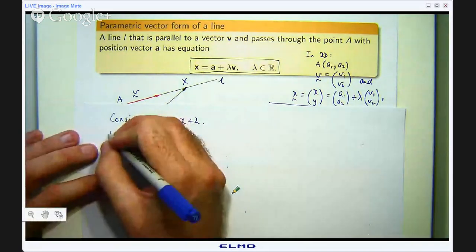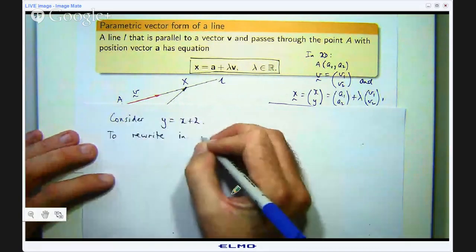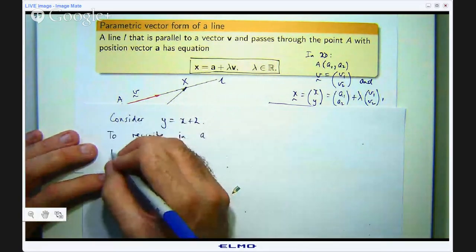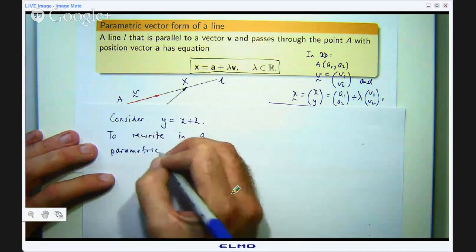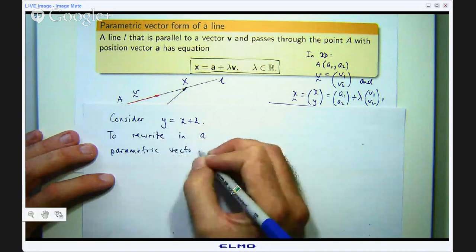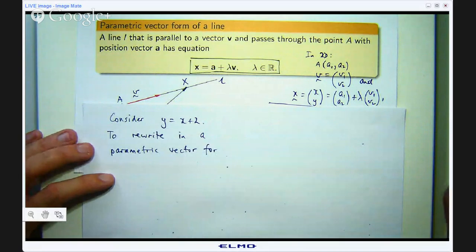To rewrite in a parametric vector form. Now it's a parametric vector form, not the parametric vector form, because there's lots of different ways of doing this.